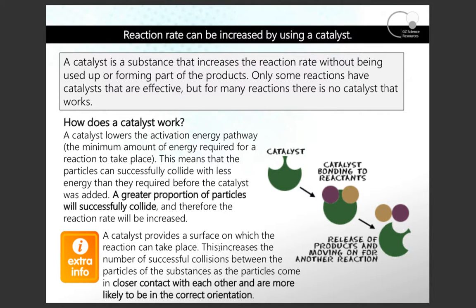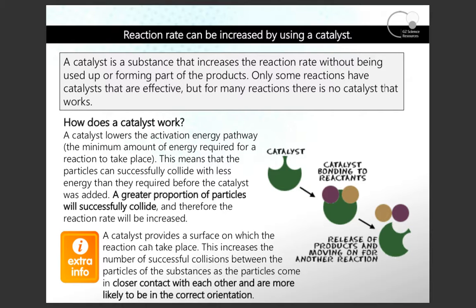So one of the key ways it does this is really it lines up the particles. This is not the case with all catalysts, but they make it like a surface on which the reaction can take place.